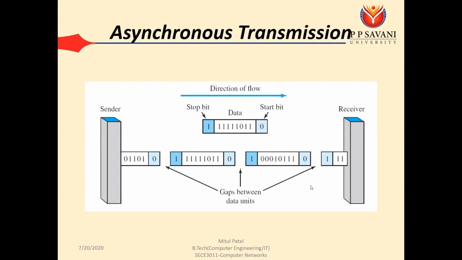While in case of fast typing, there is less gap between the two characters. So the gaps are unimportant. It may be 1 second, 2 seconds, 3 seconds, like that. So this is known as asynchronous transmission.